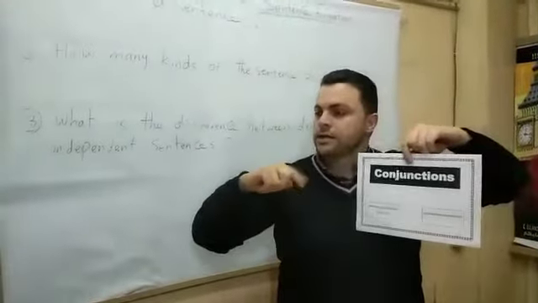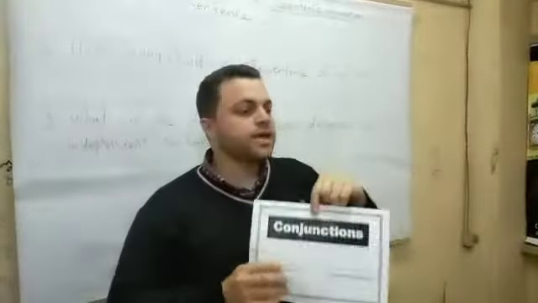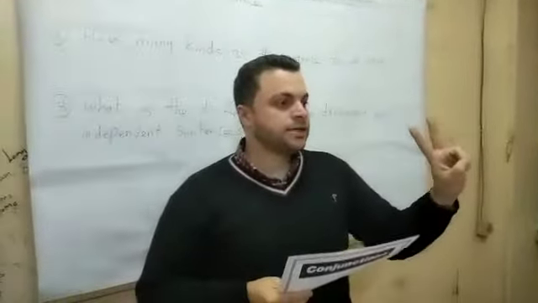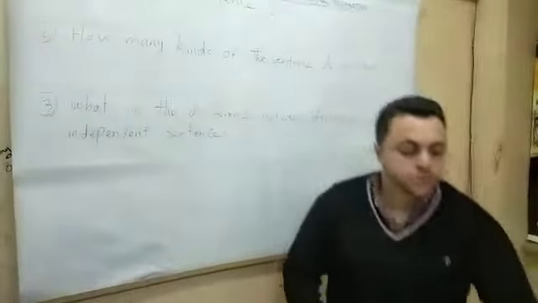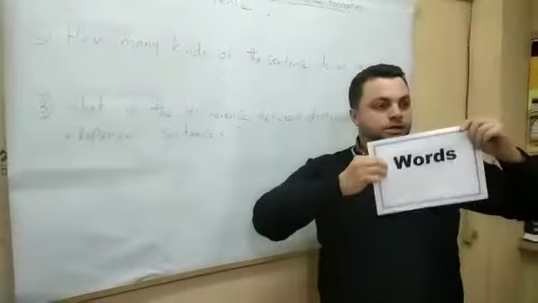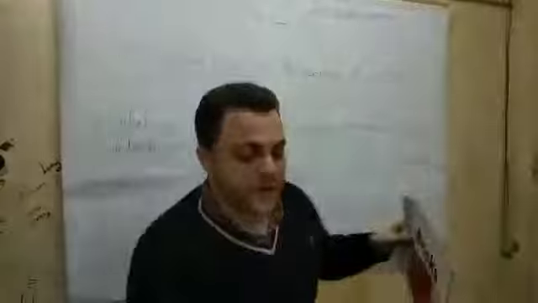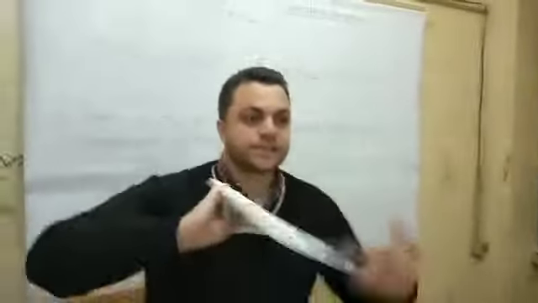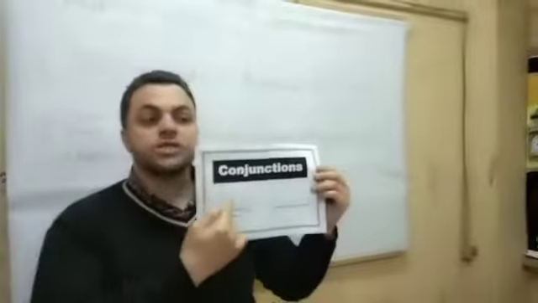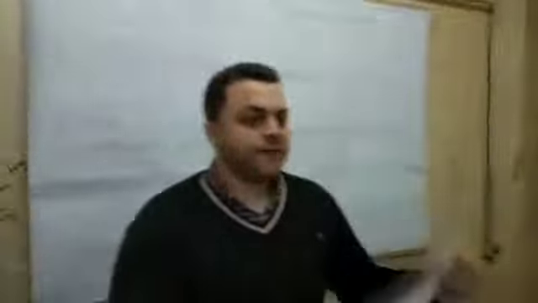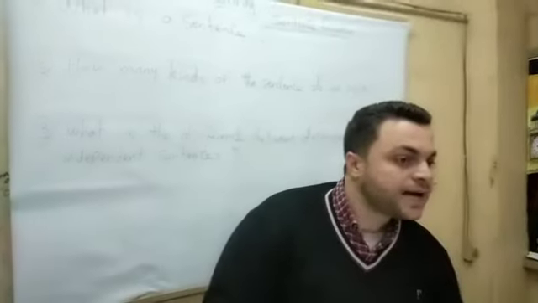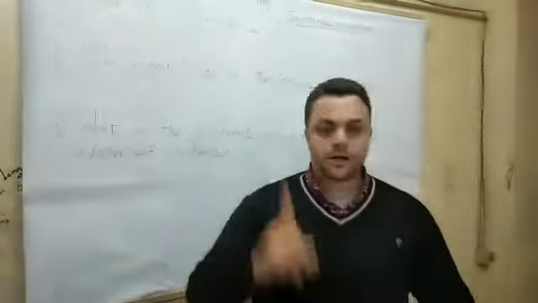Again, to build a sentence, we need two things. Number one, we need words. Number two, we need conjunctions. How many types of conjunctions do we have? You are right.